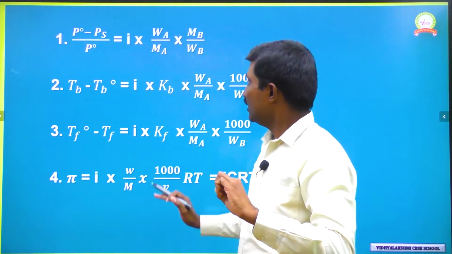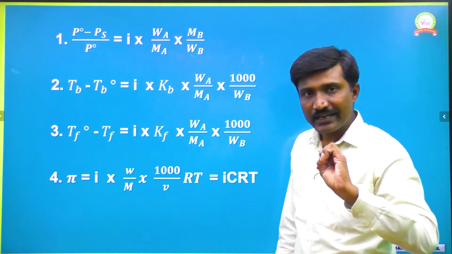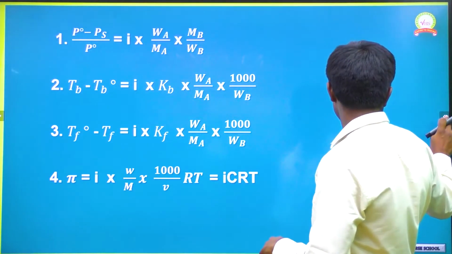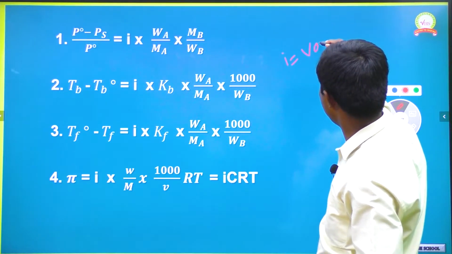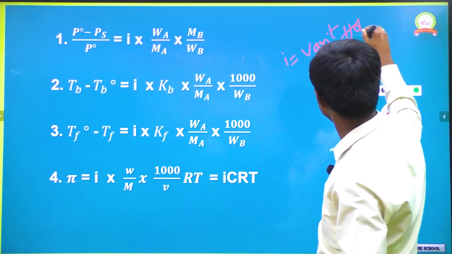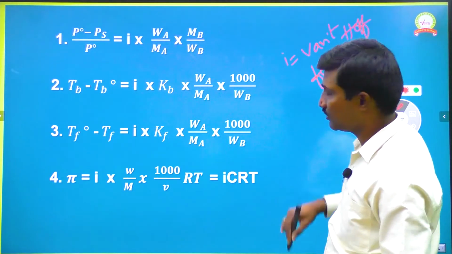And here, what is i? It means that colligative property also depends on the van't Hoff factor, that is i. Here i we are calling the van't Hoff factor.